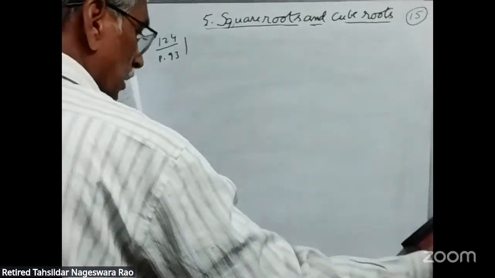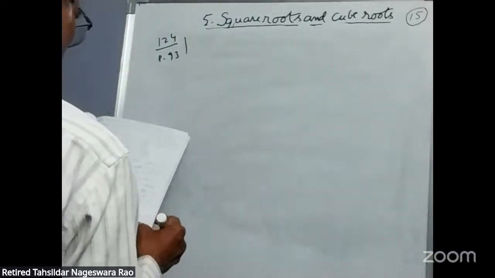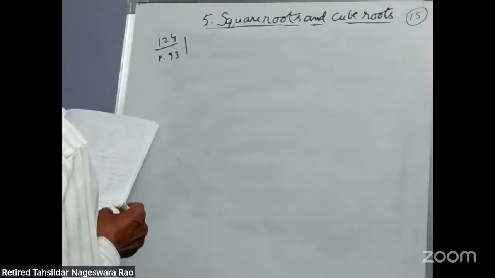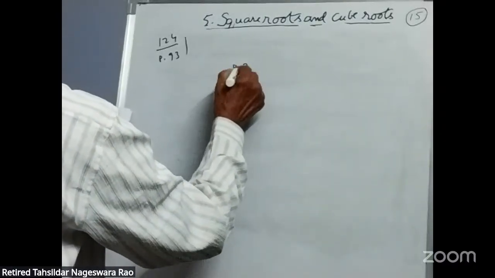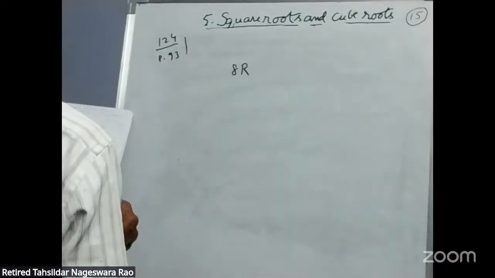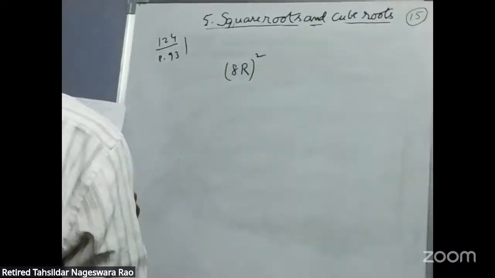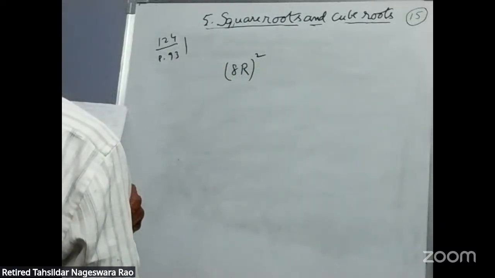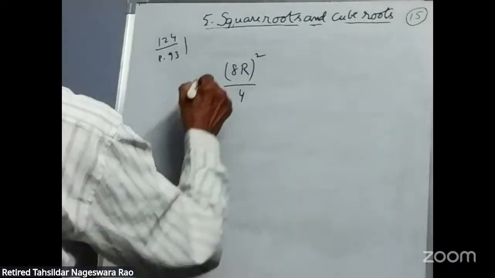Not anything complicated, simple. R is a positive number. It is multiplied by 8, and squared. The square is now divided by 4, and the square root is taken.